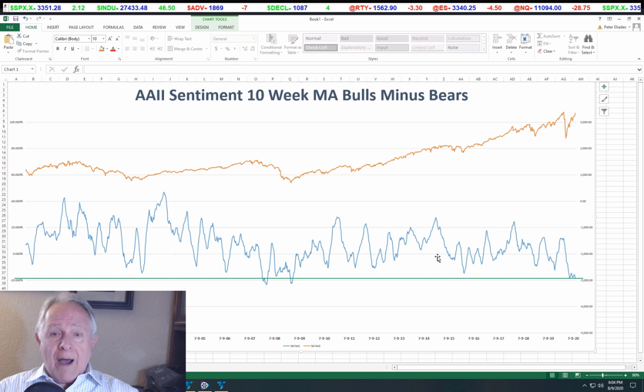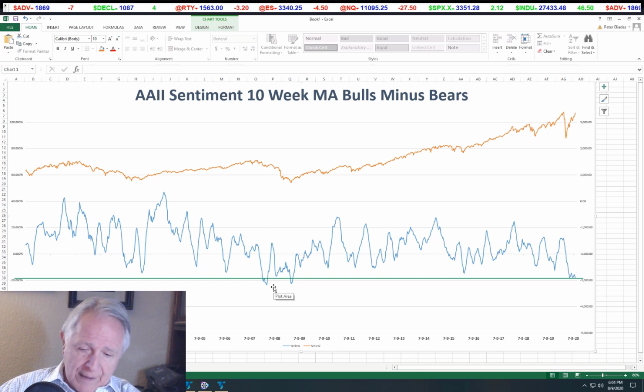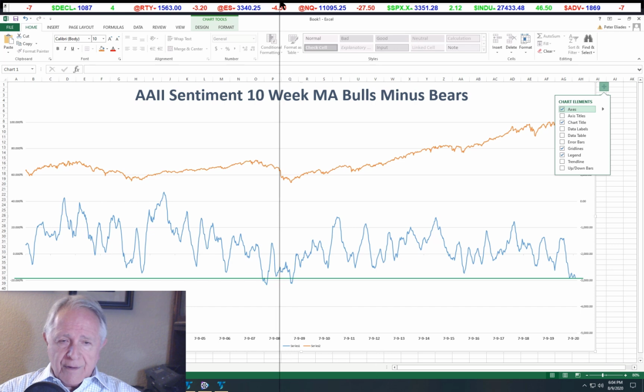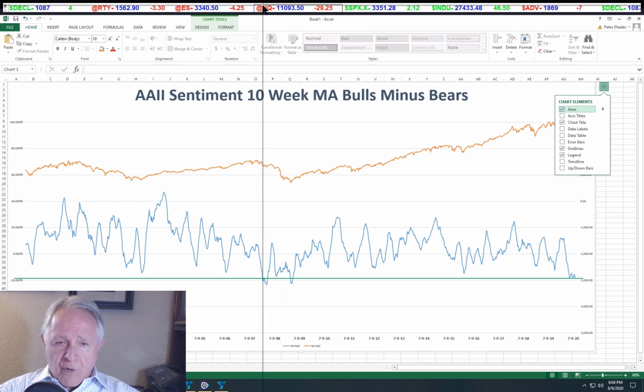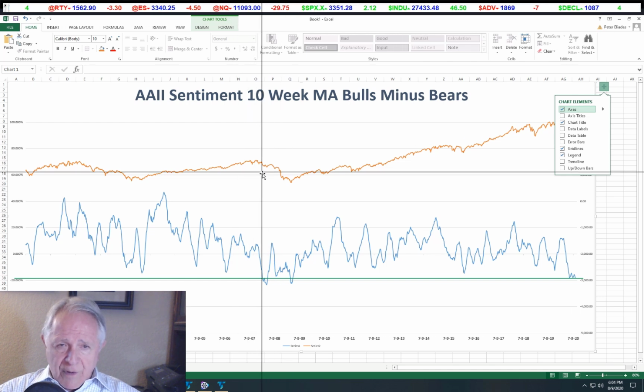Now, I've pointed out before that if you go back to 2007 and 2008, this period right in here, yes, there were very few bulls coming down the first time. But look what happened. I'm going to put in my little cursor here that shows the vertical and horizontal thing. Okay, so we got down there pretty quickly in 2008. But that was right at this level here.